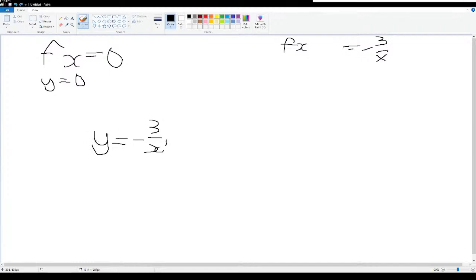So let's go 0 equals negative 3 over x, and then if you were to multiply this, x would go over here, equals negative 3. Wait, so what is... the math isn't mathing here.